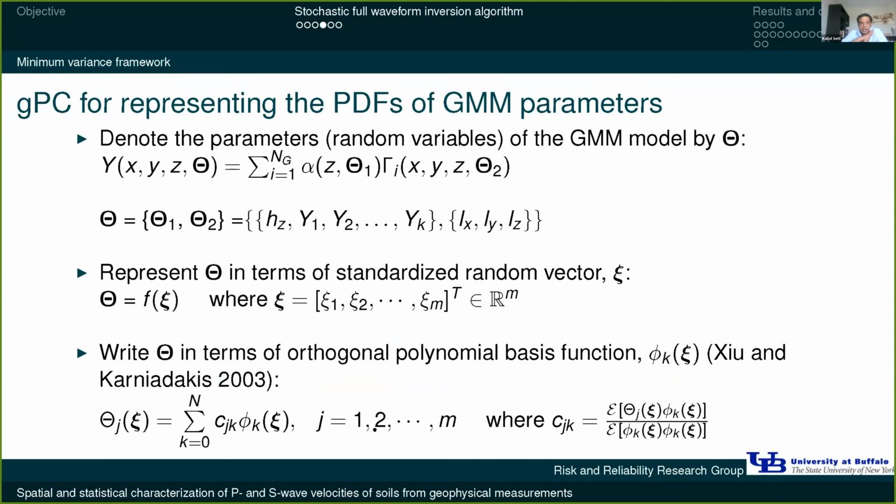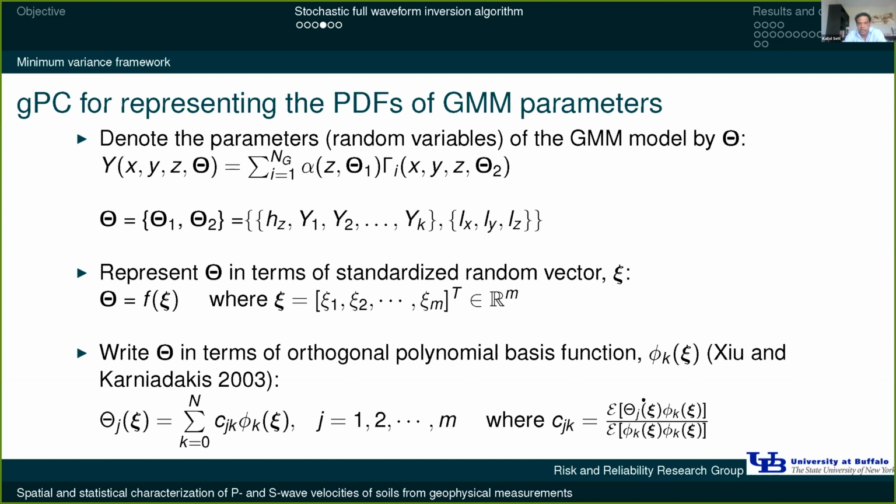The minimum variance framework gives only the mean and the variance. That means up to the second order statistics of the posterior estimates. Then we use here a generalized polynomial chaos theory to approximate the PDF from the second order statistics.